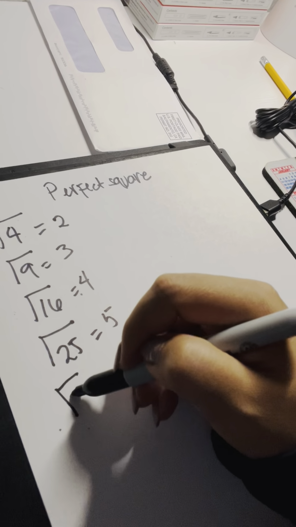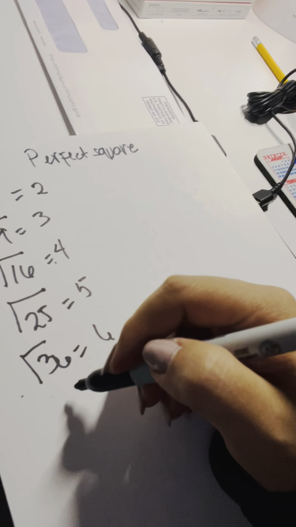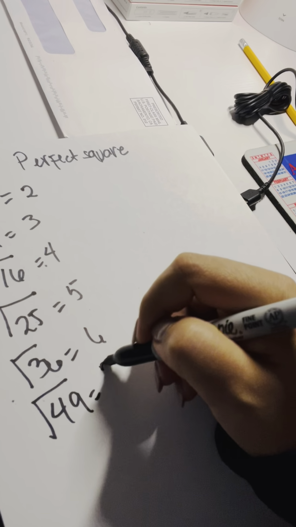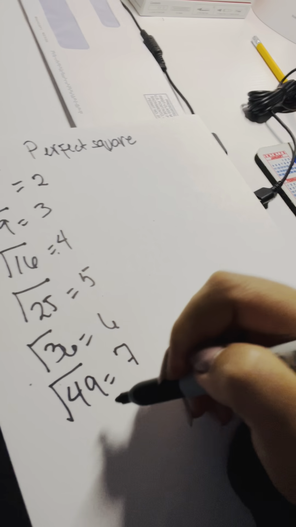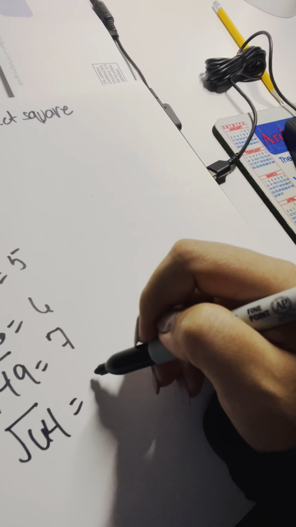The square root of 36 is 6. The square root of 49 is 7. And the square root of 64, which we talked about earlier, is 8.